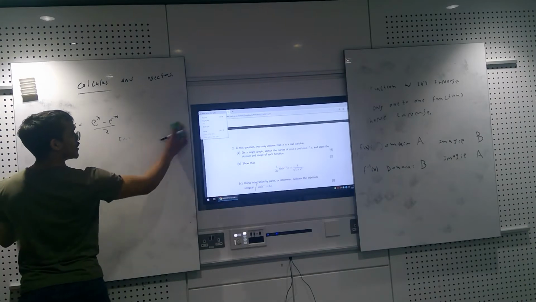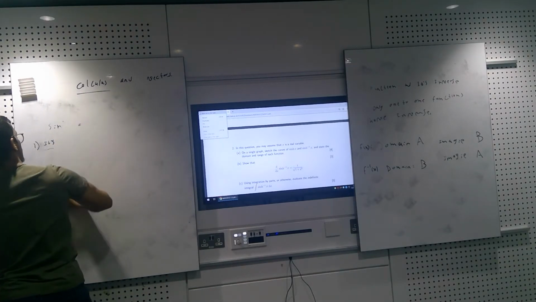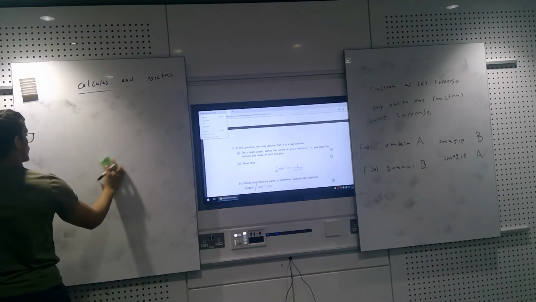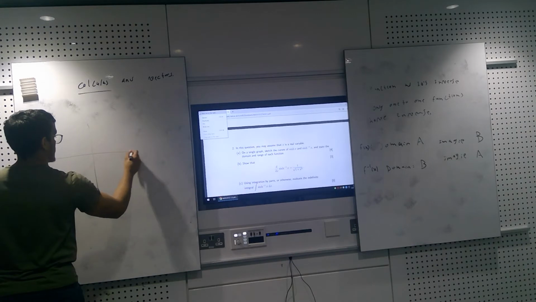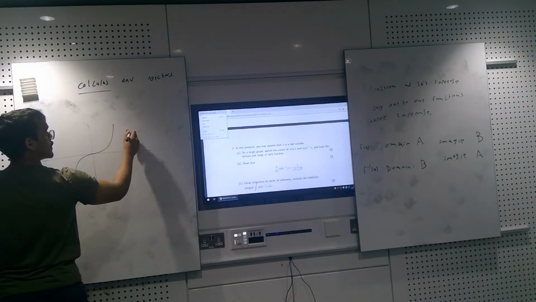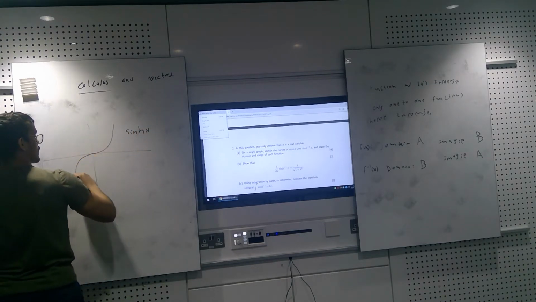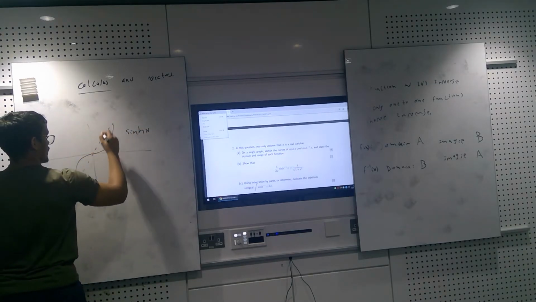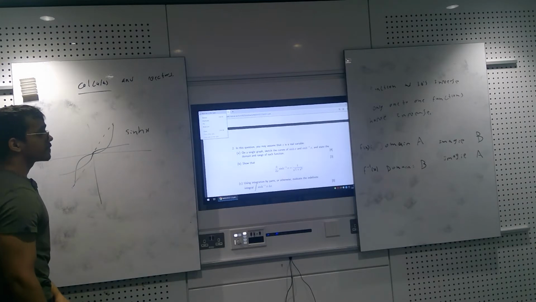So we want to graph the sinh of x. It looks like x cubed. So this is the sinh of x, and if you want to take the image, it will be something like this.